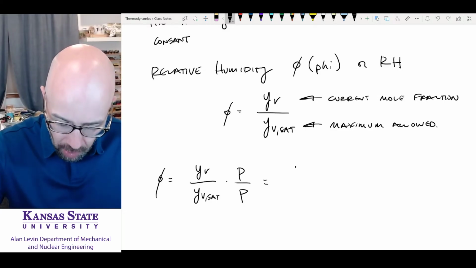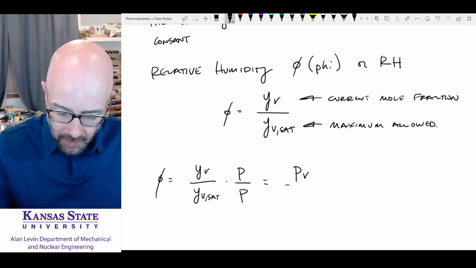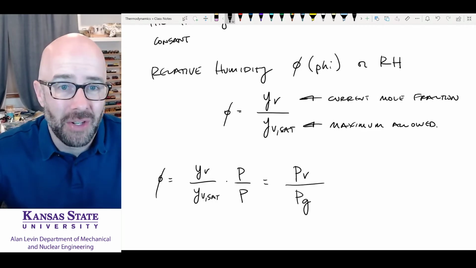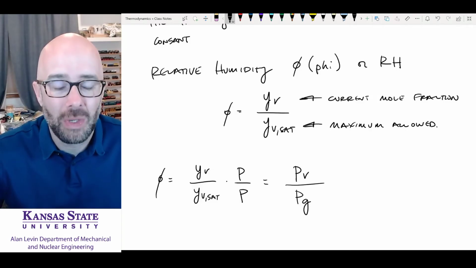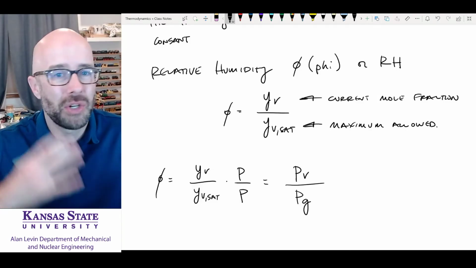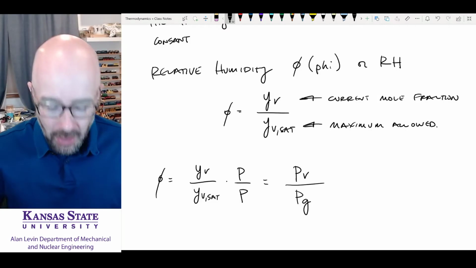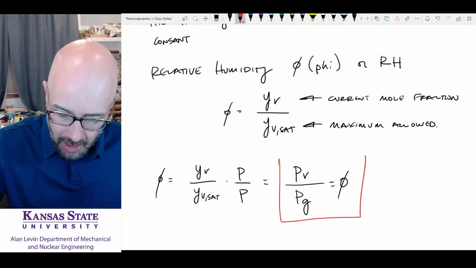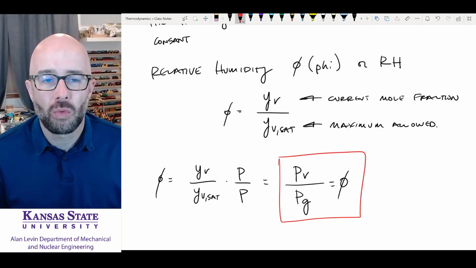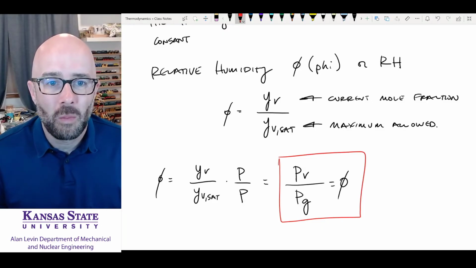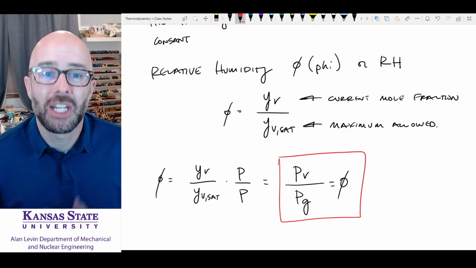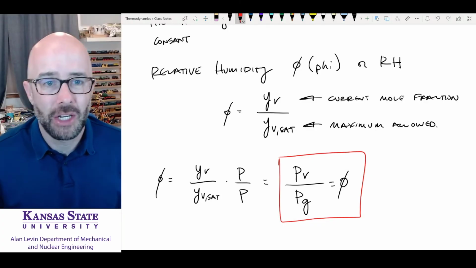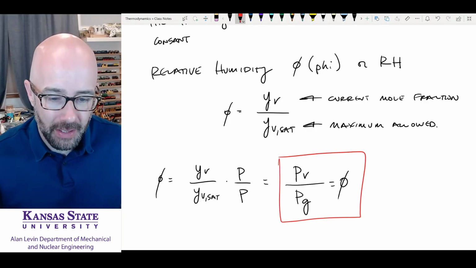Now we have the partial pressure of the water vapor over the partial pressure of saturation. So we now turn it to partial pressures. And again, pressures are easier for us to remember. So this is how I am going to remember relative humidity instead of looking at mole fraction. But you need to know where it comes from. The official definition is mole fraction. The useful definition is what I have here in this box.